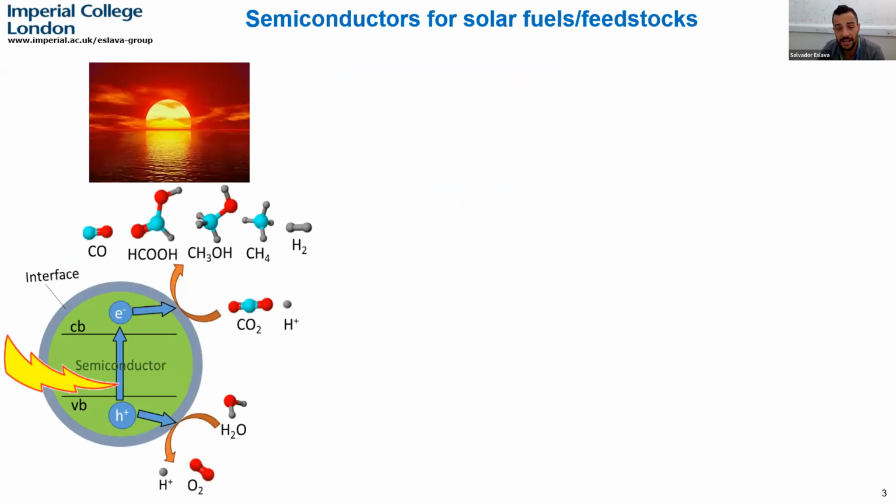An elegant and potentially efficient way to use solar energy is using semiconductors that absorb the solar light and then generate charges that can induce different redox reactions, such as the formation of carbon monoxide from carbon dioxide, or methanol or methane from carbon dioxide, or hydrogen from water.